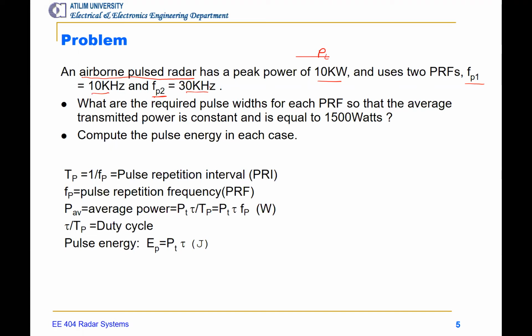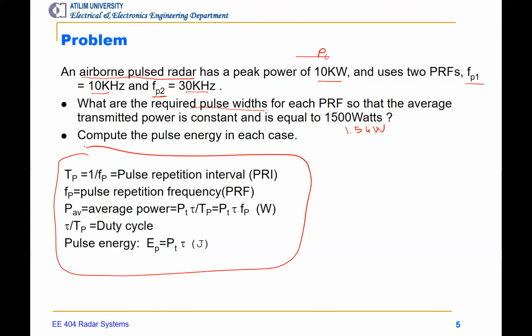And what are the required pulse widths for each PRF so that the average transmit power is constant and equal to 1.5 kilowatt? So we simply use this formula. I'm not going to solve this. That's a problem you have to try later. But you see the formula here. You know the definition of each symbol. Once you know them, you can easily calculate this.